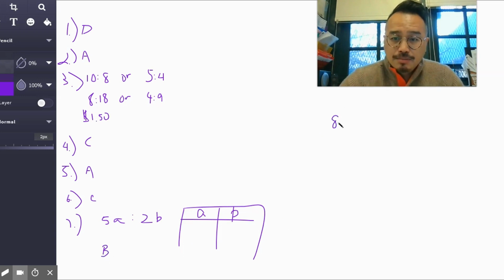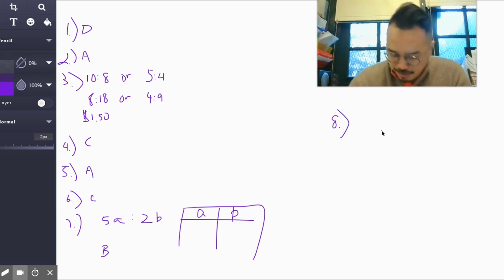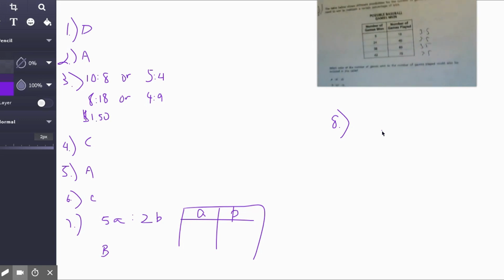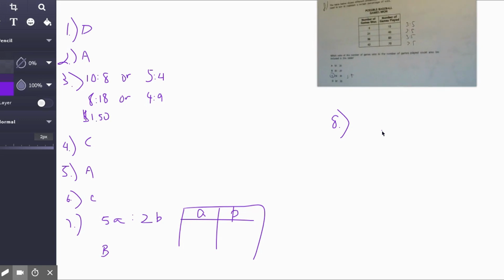Number 8. Same thing pretty much. What I did was I just reduced all those ratios. So 6 to 10 is 3 to 5, 24 to 40 is 3 to 5, for example. They're all 3 to 5. So you just have to look at your choices and see which one is a 3 to 5 ratio.